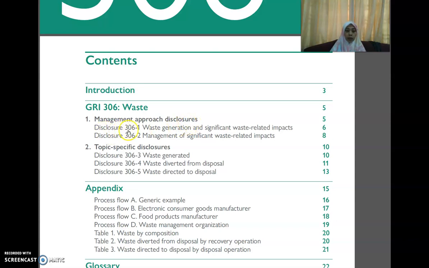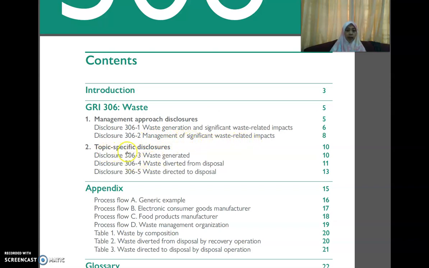Disclosure 306-1 is about the waste generation and significant waste related impacts. So if companies need to report on their waste, 306-1 explains what the company needs to report with regard to the waste generation and the significant waste related impacts. And then 306-2 is about the management of significant waste related impacts.